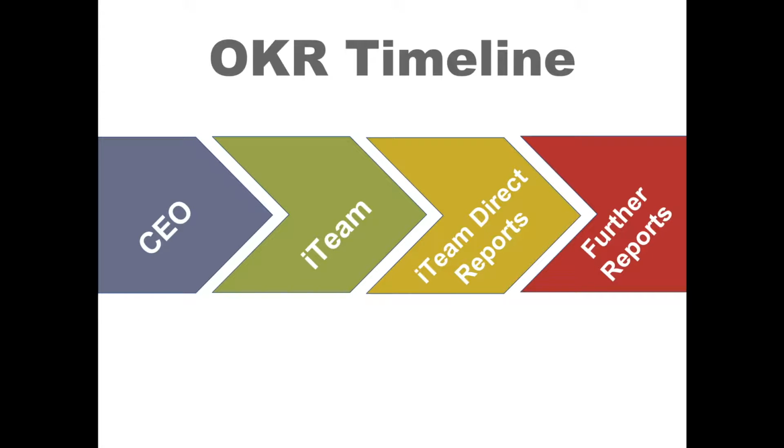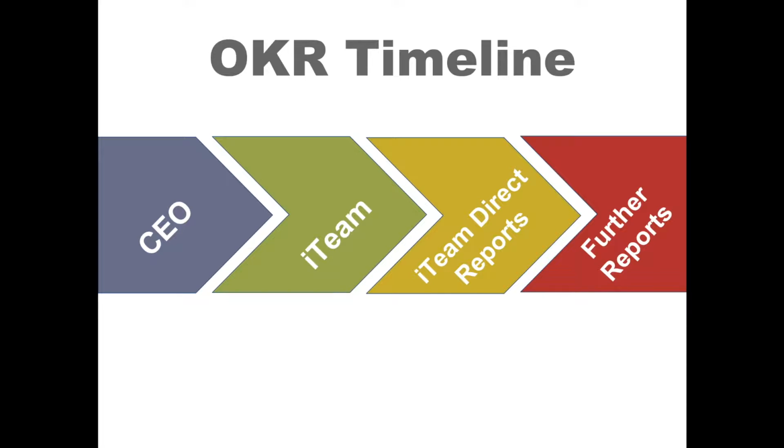So this is kind of each quarter, the timeline of how it works. First, the CEO comes up with higher level organizational OKRs. And then the I team creates objectives and key results. The objectives occasionally are children of the CEO's objectives.